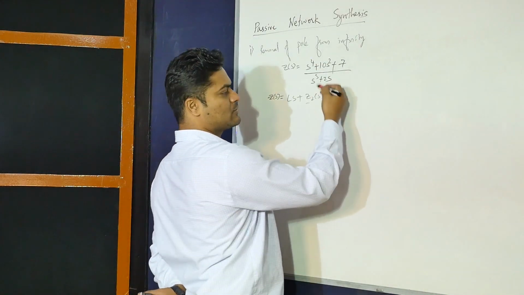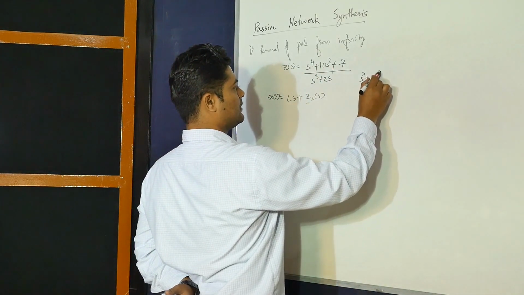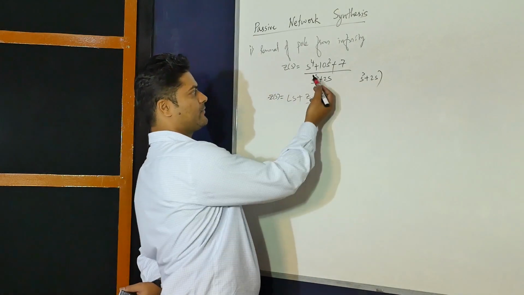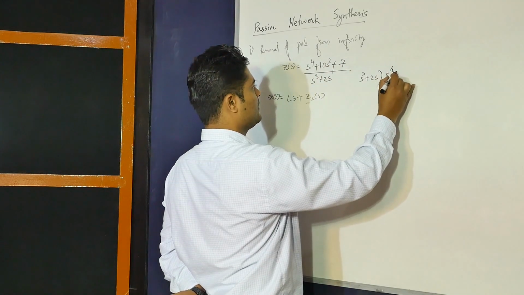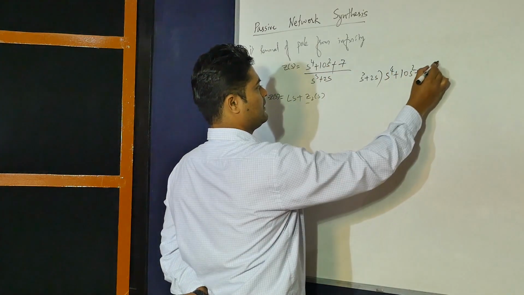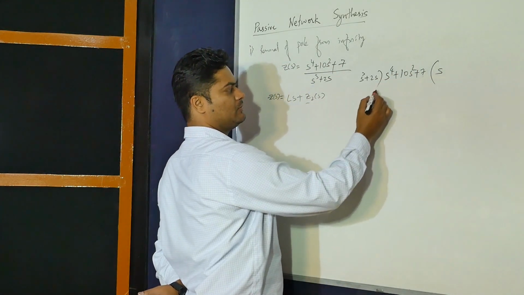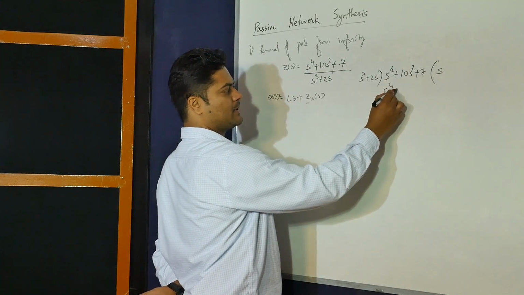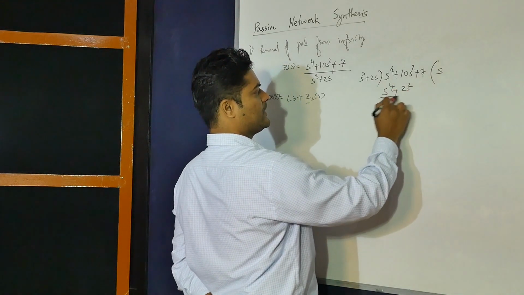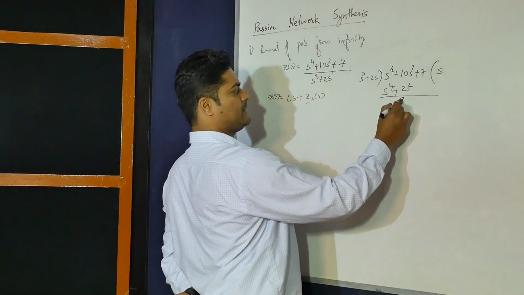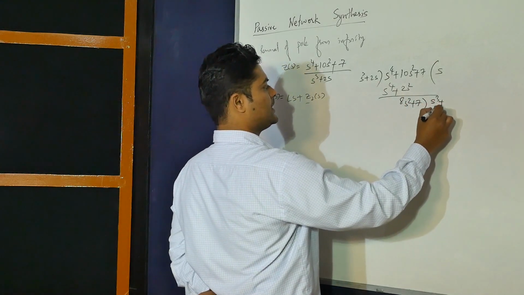So how to do this? Let's go for the continued fraction expansion, which we have seen in the Hurwitz polynomial. We divide by s cube plus 2s into s to the power 4 plus 10 s square plus 7. Multiplying s with this, we get s to the power 4 plus 2s square, so we end up with 8s square plus 7. We have to divide this from s cube plus 2s.